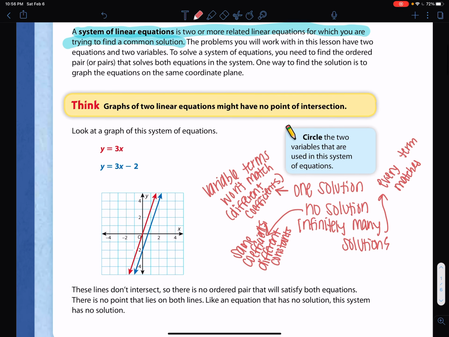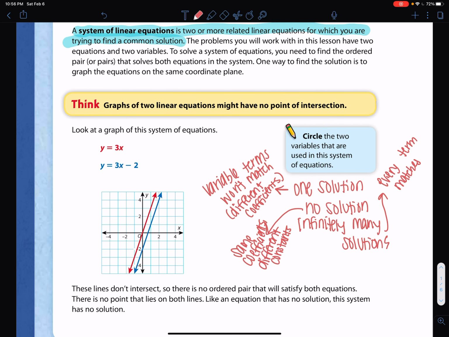All right, so let's mesh that together with what we're saying in lesson 15. With one solution, the variable terms don't match, which means they have different coefficients. Really, in this lesson, that means different slopes.